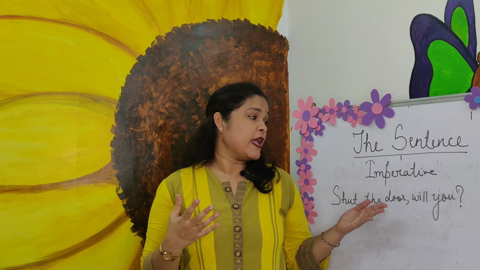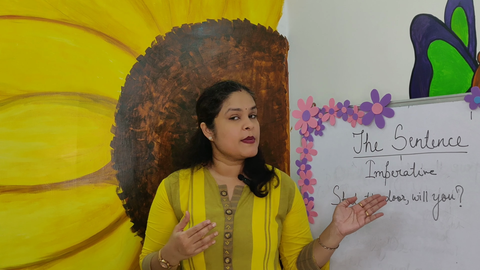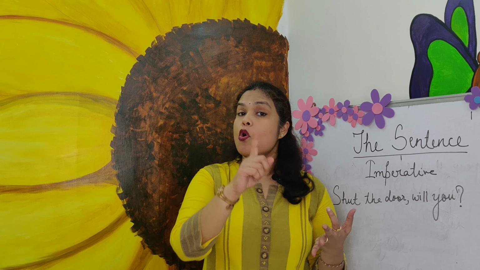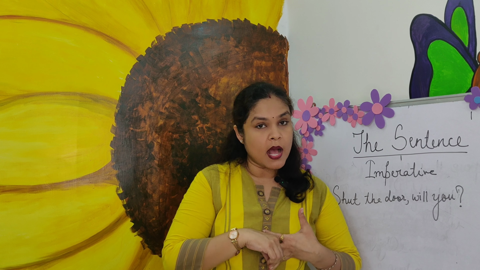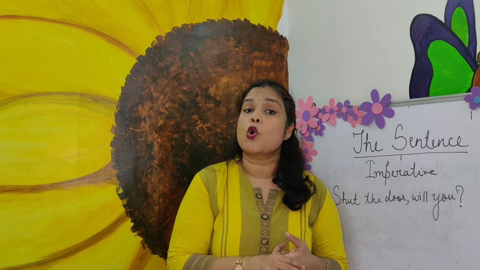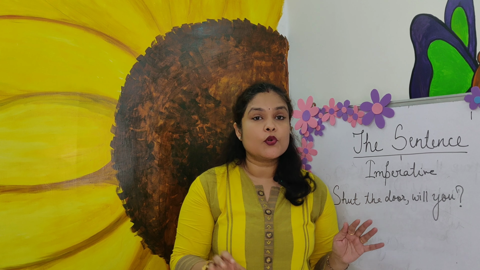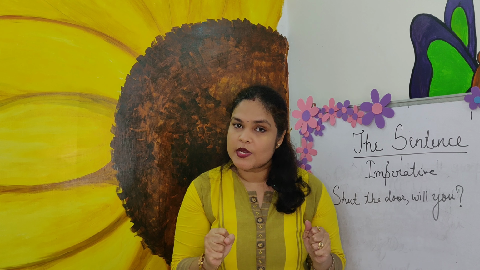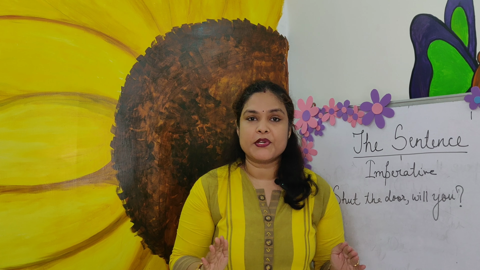When it comes to an exclamatory sentence, it will always end with an exclamation mark, whereas an imperative sentence can end with a full stop. It can also end with an exclamation mark. It can also end with a question mark. So what you have to do is understand the essence of the statement. What is being told to you?